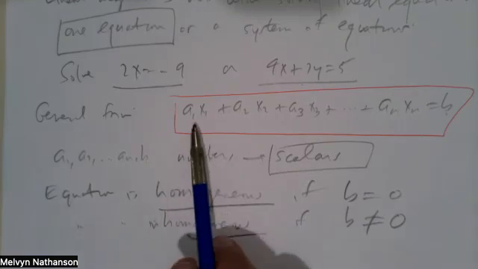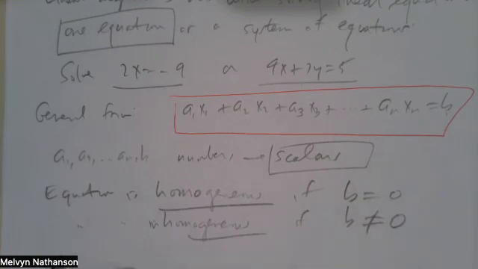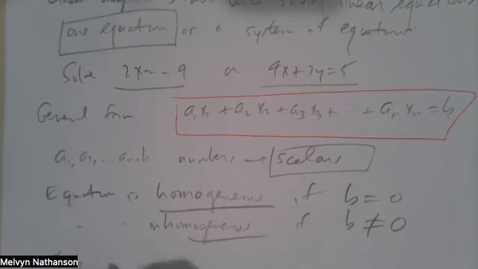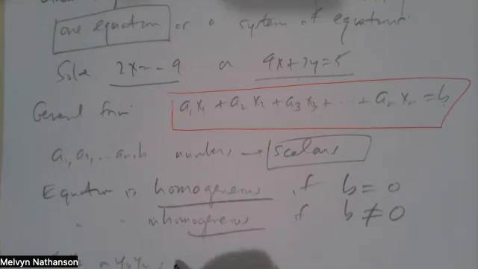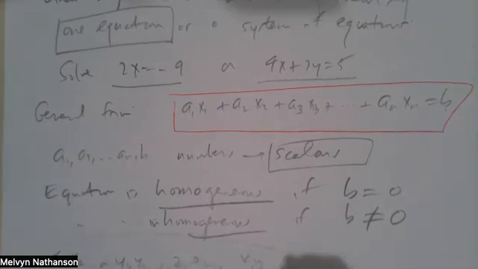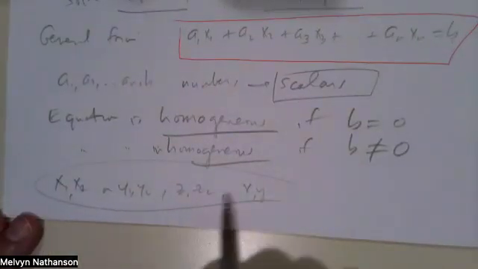Also, it doesn't matter what letters we use for the variables. We could write x1, x2, or we could write the variables as y1, y2, or z1, z2, or x and y. Or if we had three variables, we could call them x1, x2, x3, or x, y, z.